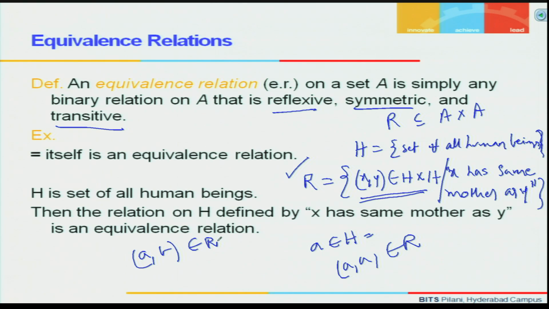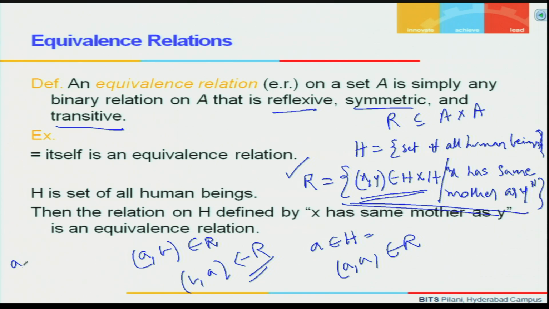When this statement is true, that means that B comma A is going to be in the relation R, because that is how you have defined the relation, all the tuples for whom the mother is the same. So for any A comma B that is there in the relation, I am able to show B comma A is also there in the same relation. Hence my relation is a symmetric relation.